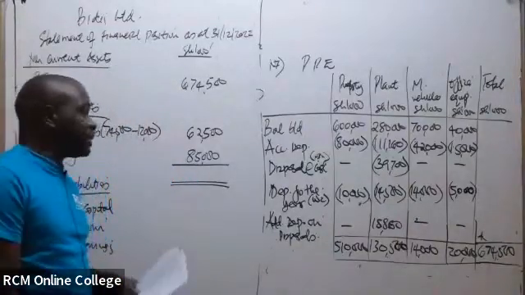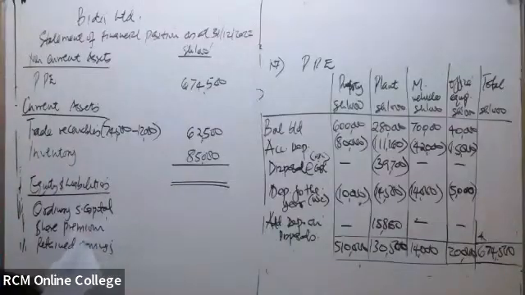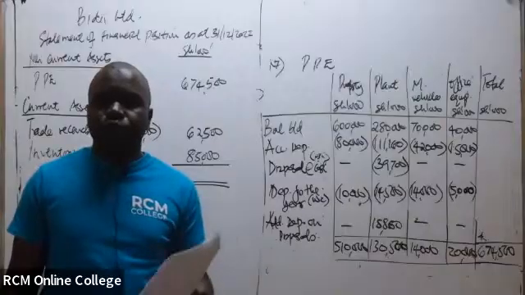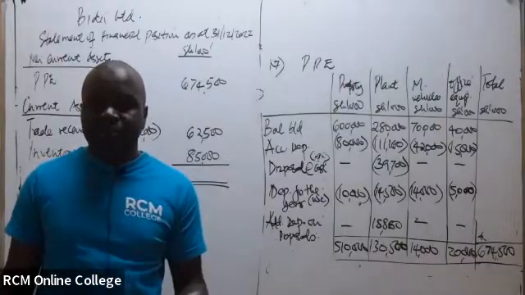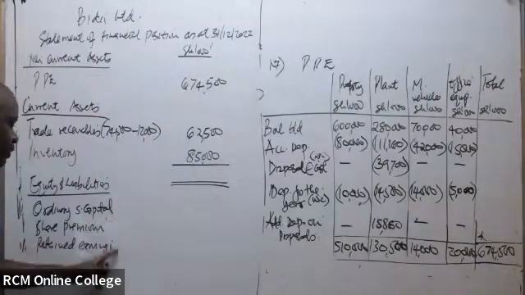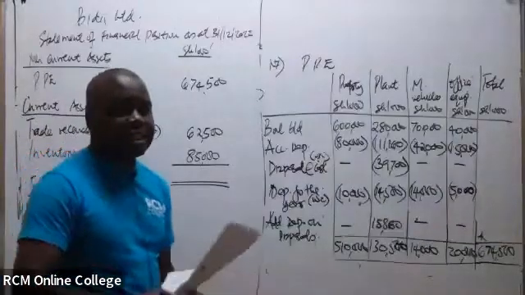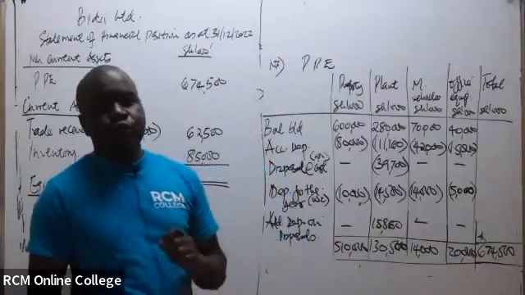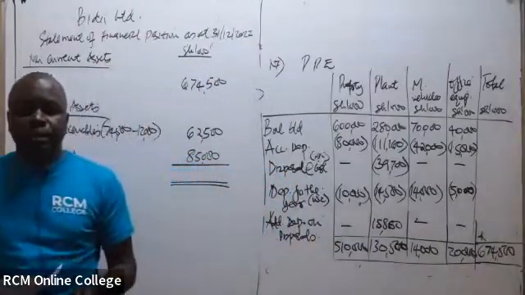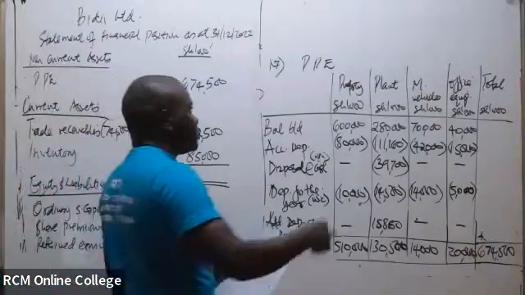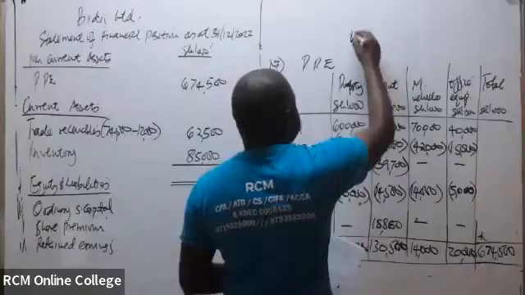So take notes. If the examiner hasn't told you to prepare a statement of changes in equity, you have no option but to prepare it as part of your workings, because you need to place here the balances of these equity elements by the end of the year, and during the year they might have changed. So here it will be your working number 8.